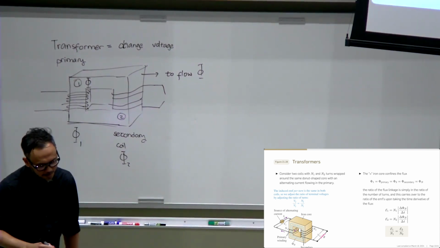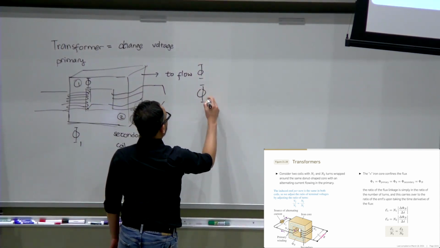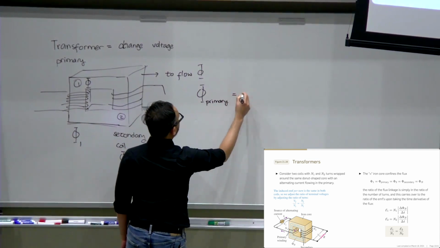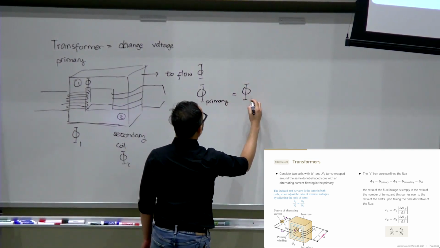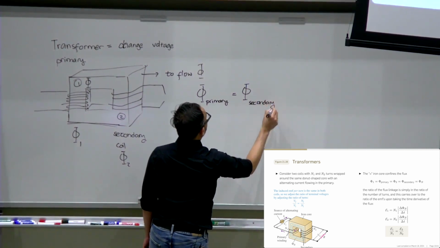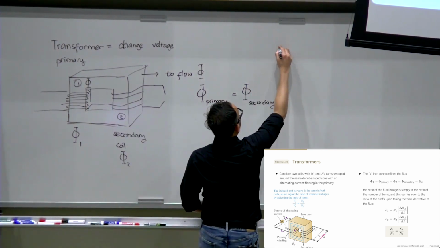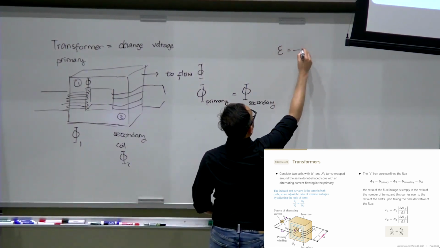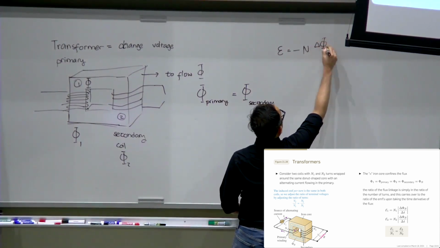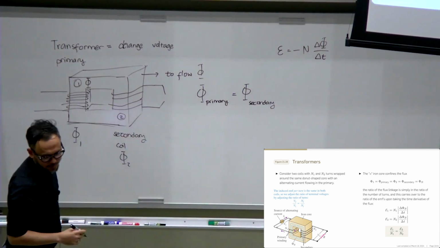Then the flux of the primary coil is equal to the flux of the secondary coil. And then from Faraday's law, EMF is equal to minus N times the change of flux divided by the change of time.